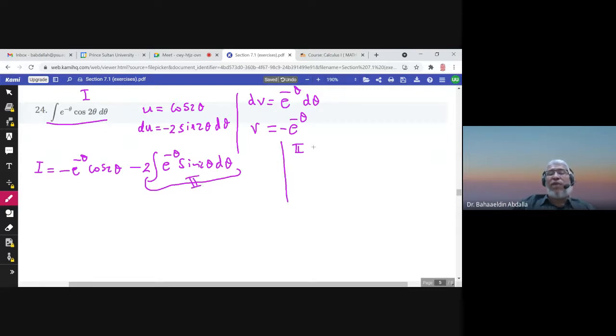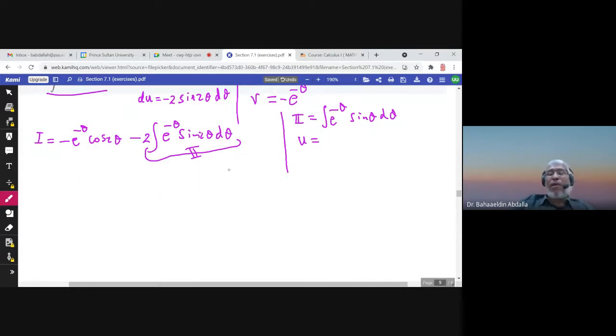So to evaluate double I, which is the integral of e to the power negative theta sine 2 theta d theta, I do it also by parts. So I take u equals sine 2 theta, trigonometric. Then du, the derivative of sine is cosine.